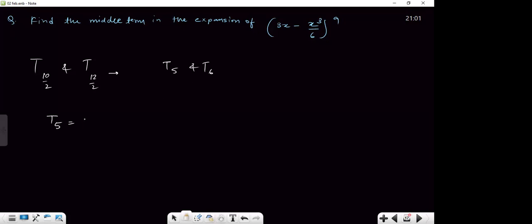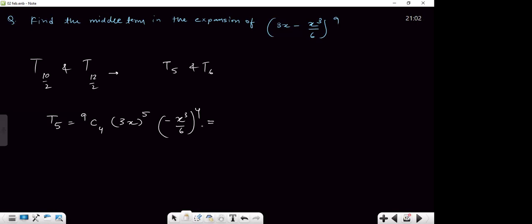Fifth term will be nCr. Be careful that if we are finding the pth term, then r will be p minus 1. So 9C4 into (3x) raised to power 9 minus 4, that is 5, into (minus x cubed divided by 6) raised to power 4. This is the fifth term.